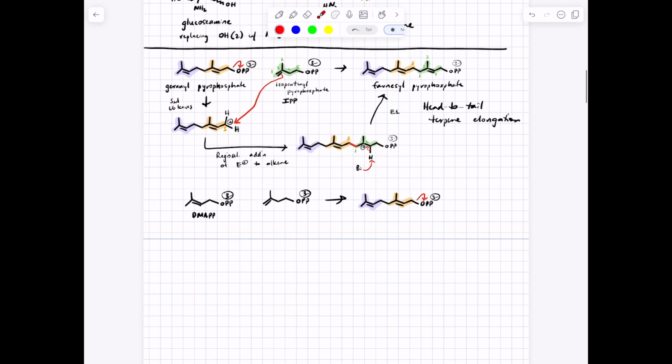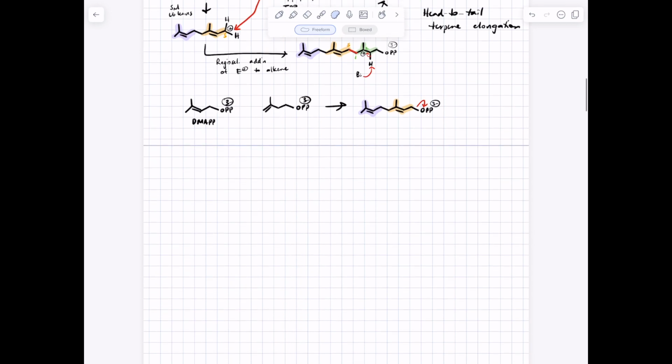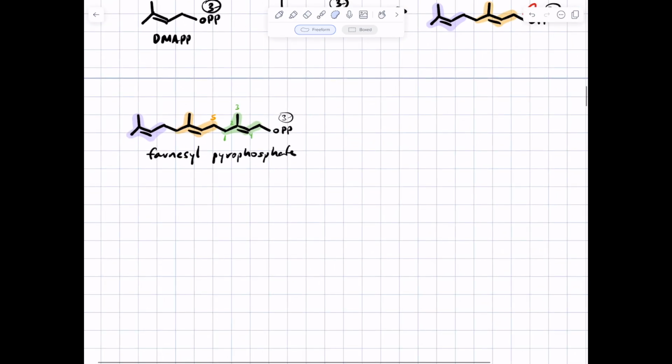So, as context, nature will begin with 2 subunits of farnesyl pyrophosphate.